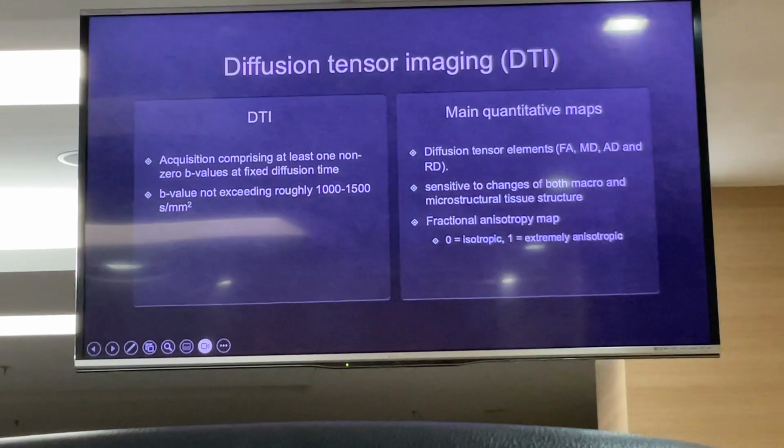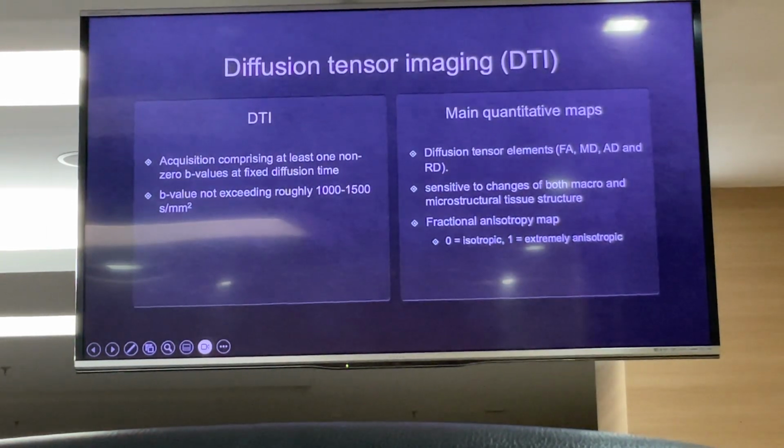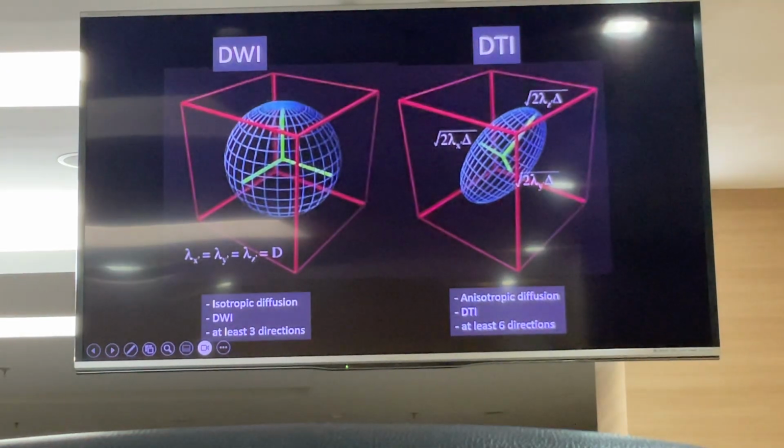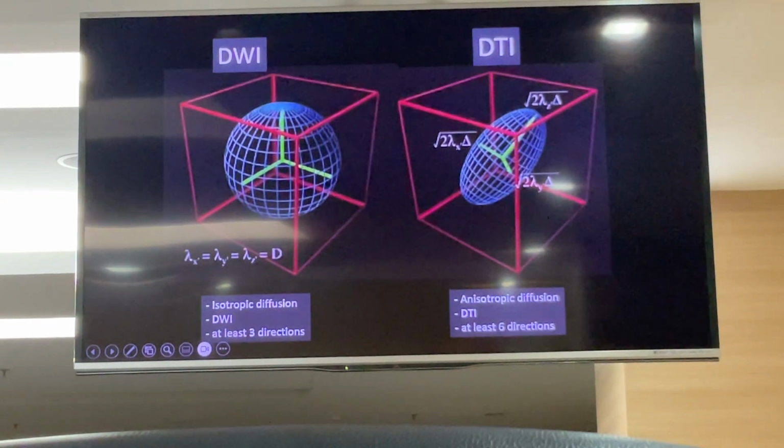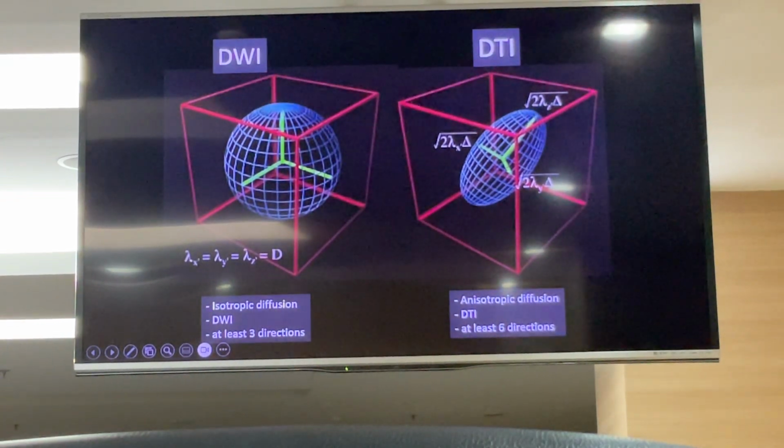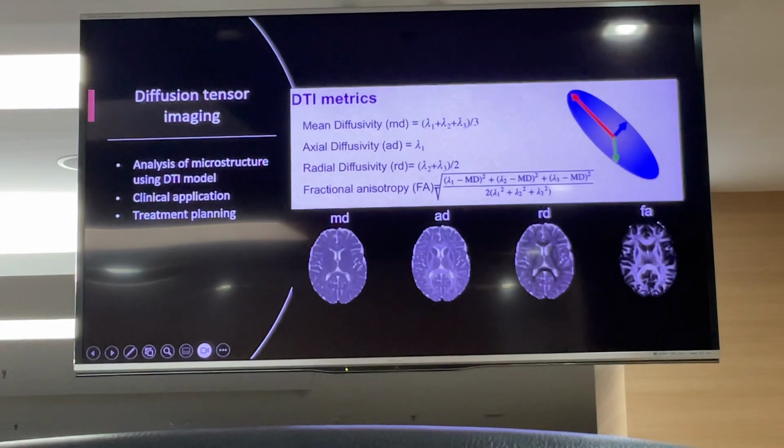This is the main output of the DWI, which characterizes the anisotropy of diffusion. We have to use at least 6 diffusion directions. The outputs are MD, AD, RD and FA.